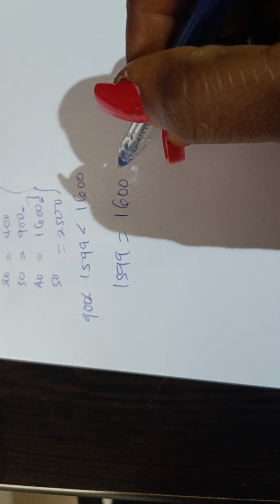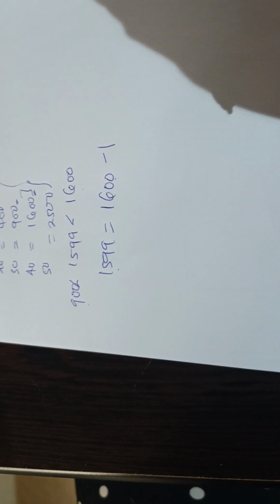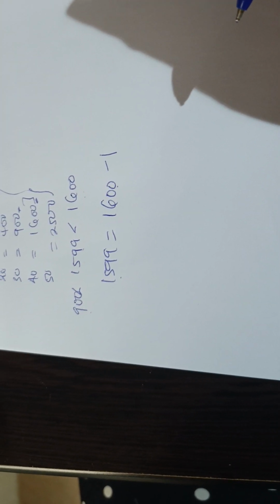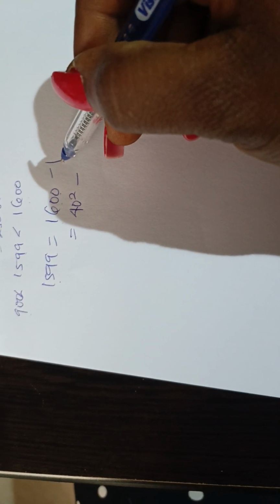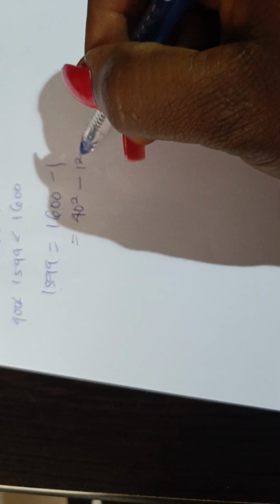We know that if we remove 1 from 1600, it will give us 1599. Now let's expand this. 1600 is the square of 40, so this is 40 squared. And we know that 1 can also be written as 1 squared, that is 1 times 1 is still 1.